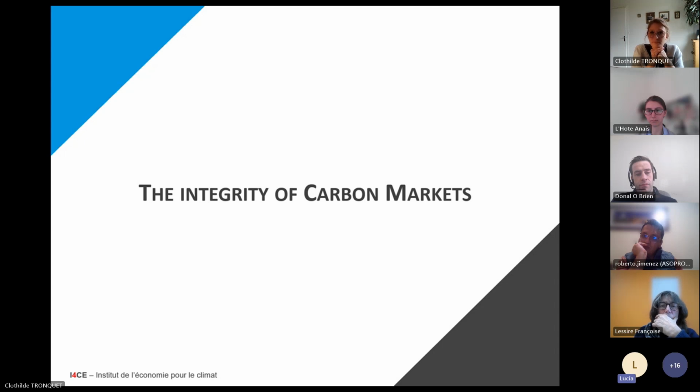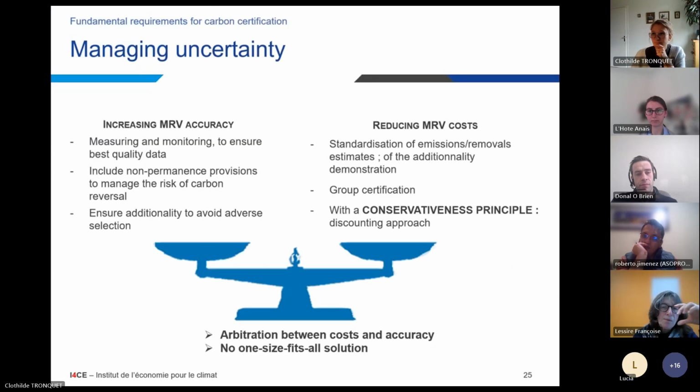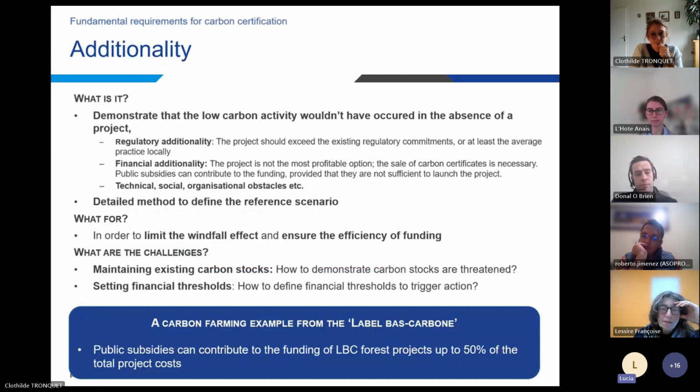If I understood, Clotilde, you mentioned that these best available techniques are not good for additionality, because they will be mandatory, so they would not count for the credit market, especially because of the transition period, I guess. Maybe you can clarify.